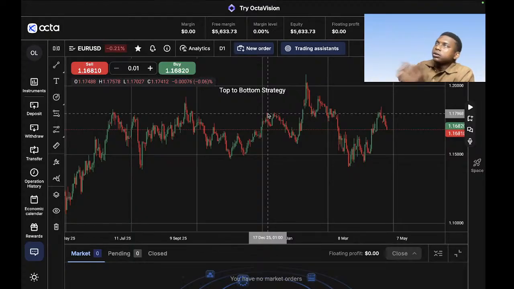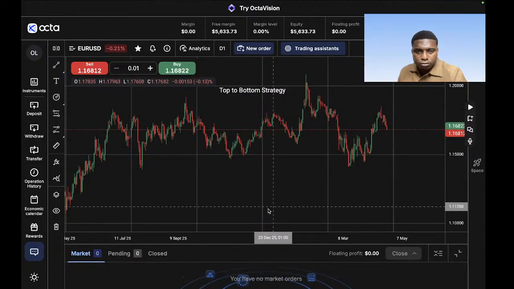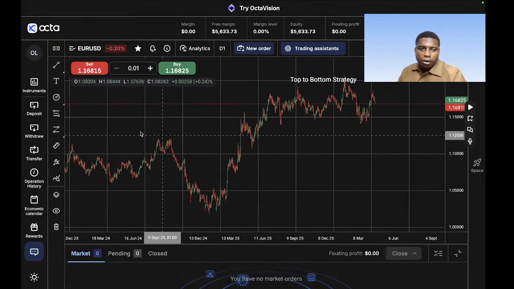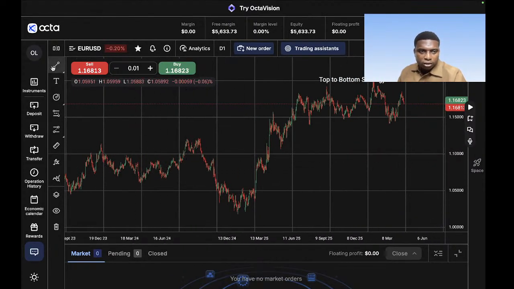So looking at daily to 4 hours to the 1 hour time frame, and sometimes to the 30 minutes time frame. Here we're currently at the 1 hour time frame, and we're going to map out our levels of support and resistance.